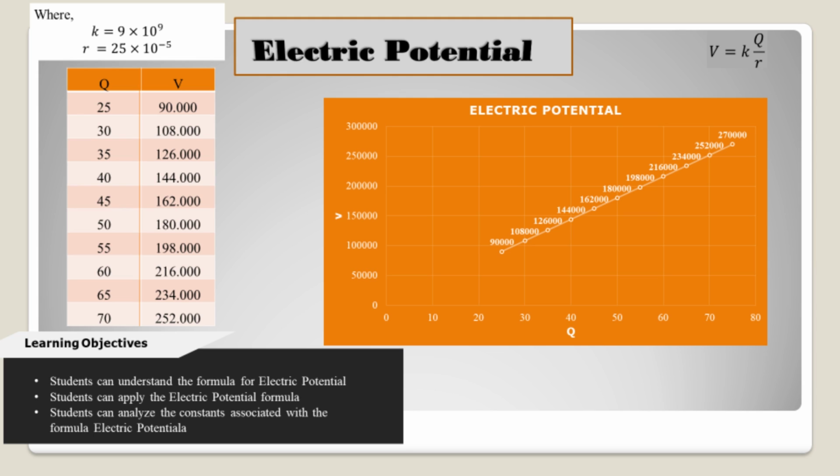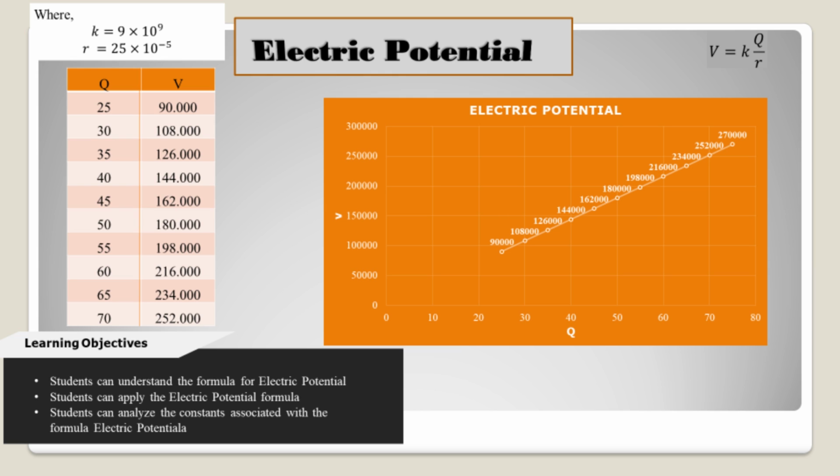If Q is equal to 35, the electric potential is equal to 126,000. If Q is equal to 40, the electric potential is equal to 144,000. If Q is equal to 45, the electric potential is equal to 162,000. If Q is equal to 50, the electric potential is equal to 180,000.